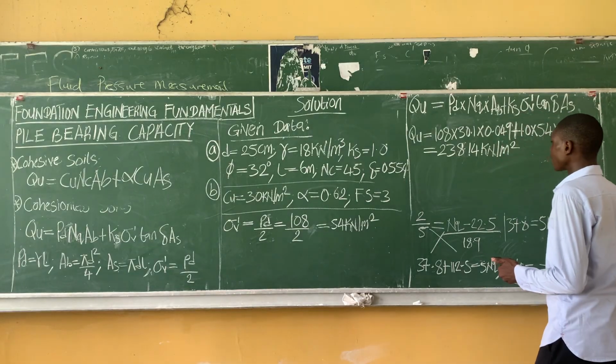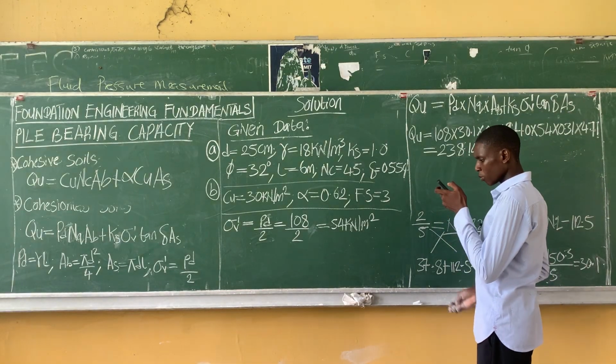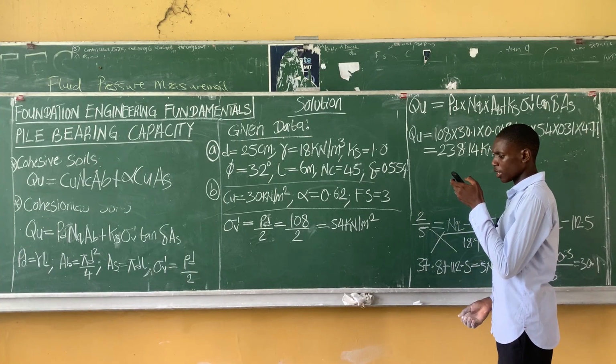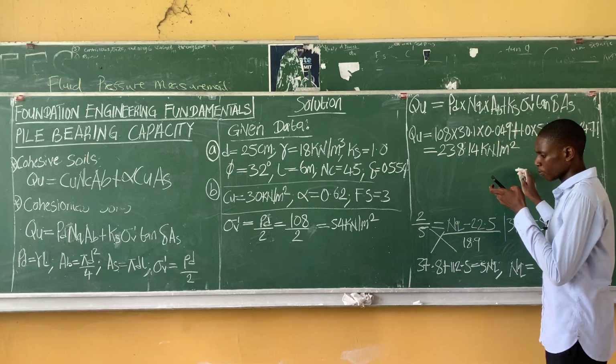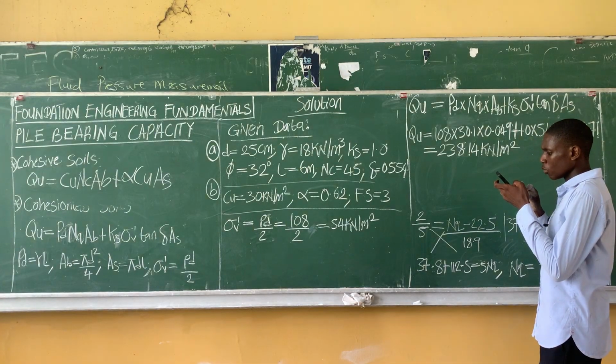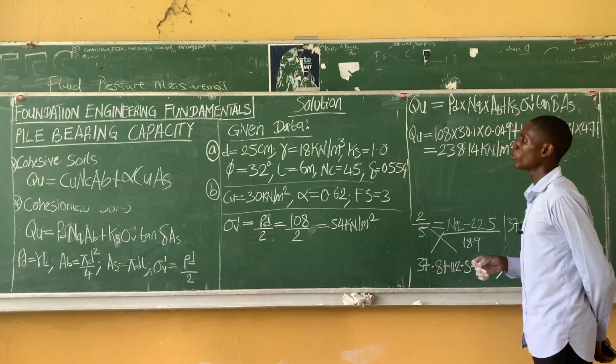All right. So that's the first part of the question. The second part of the question says, using the same parameters in the above question, but for a clay deposit, C equal to 30 kilonewton per meter square and the rest, calculate the allowable load.